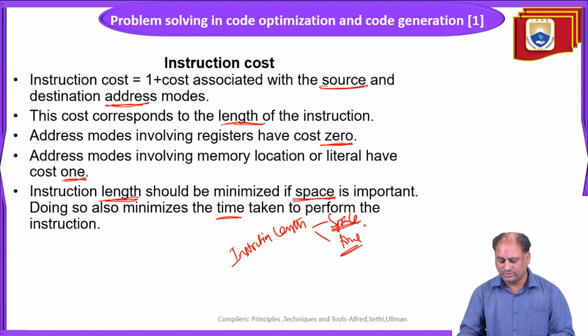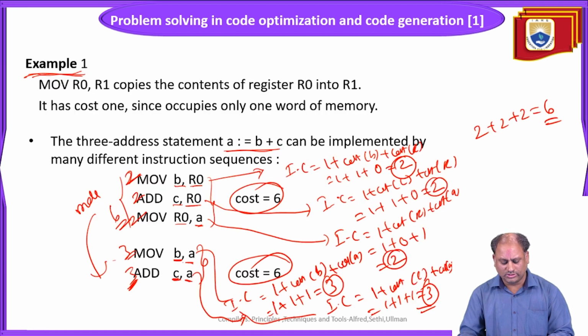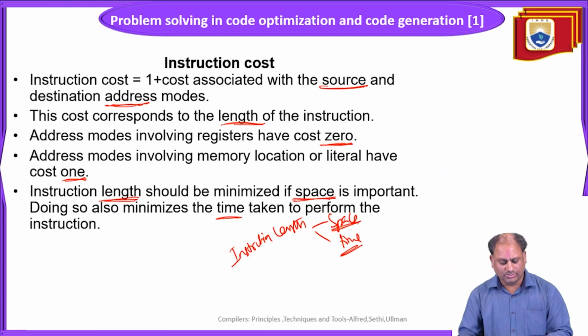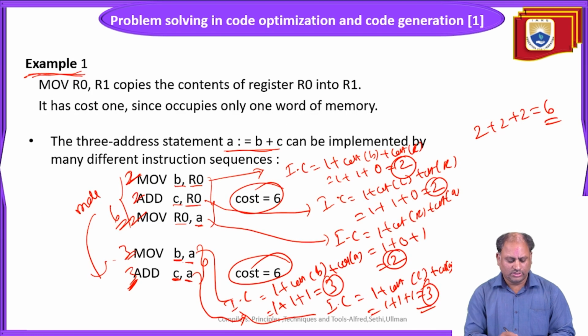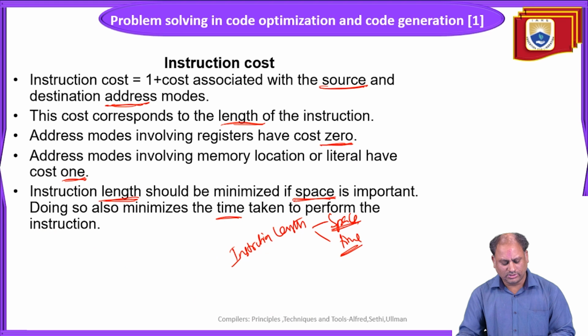So we can write it with registers or without registers, and the length of the instruction also matters. Here three instructions are to be written with registers, but here two instructions are to be written without any registers. So there are two factors to be considered: instruction length, with space and time.